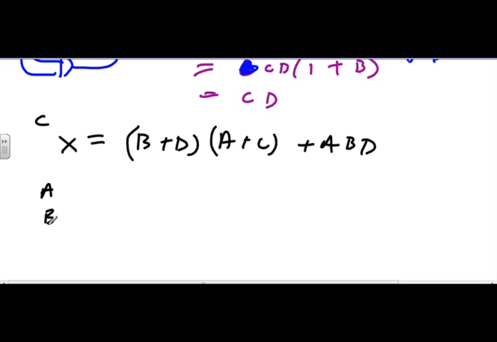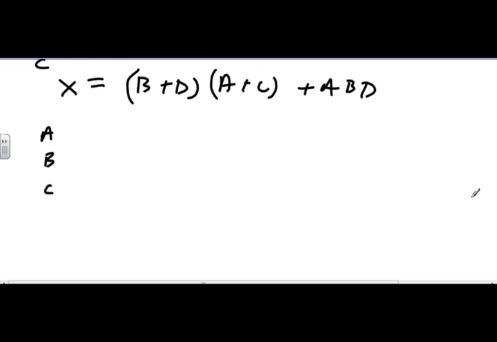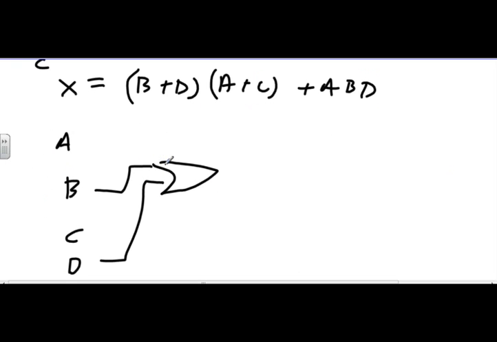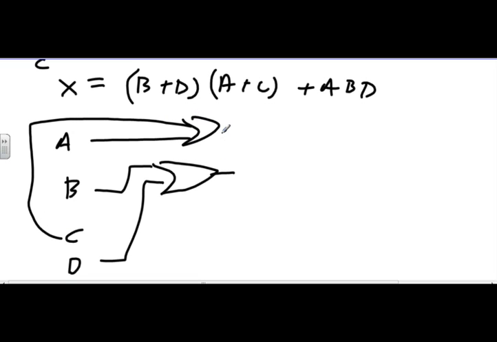A, B, C, D. I need more room. Use the whole whiteboard. A, B, C, D. Okay, so I need a B and I need a D, and they need to be ORed. I need an A and I need a C, and they need to be ORed. Those guys need to be ANDed.